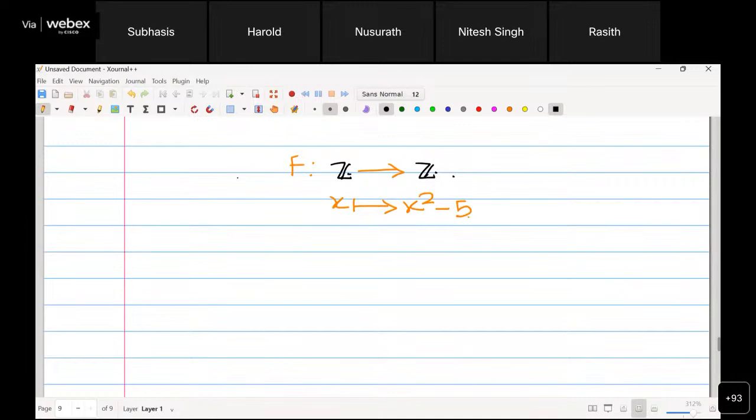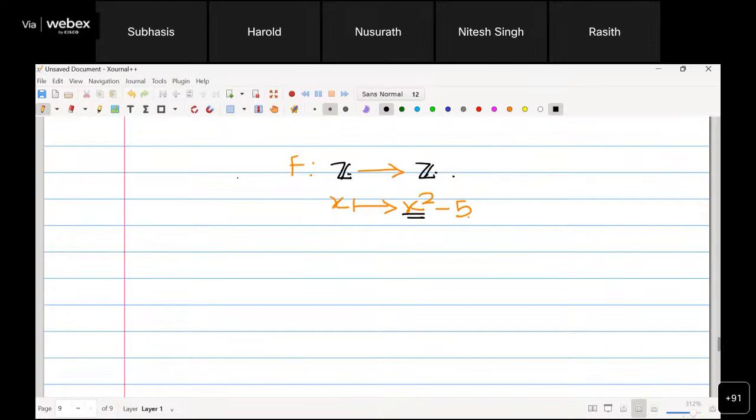Okay. Since you have asked, even if you consider Z to Z, is it an injective function? No. You see, you have a square term here, right? Once you have a square term, you should be very careful. When you have a square term, you should always try to check; most likely it should not be injective.